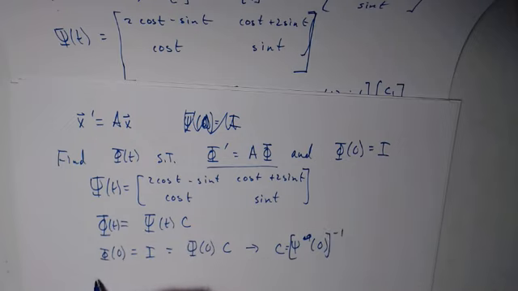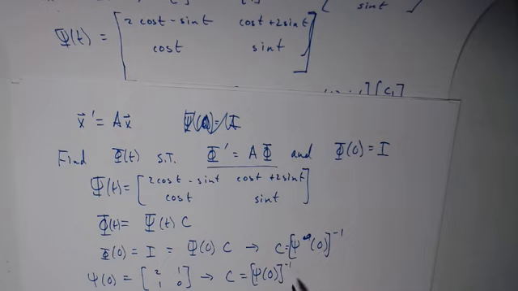So psi of 0 is just 2, 1, 1, 0, and so c is psi of 0 inverse, and that, let's see, the determinant of this is -1, so that's 1 over -1, and then I switch these two and I negate these two, and then I multiply back in my -1, and I get 0, 1, 1, -2.